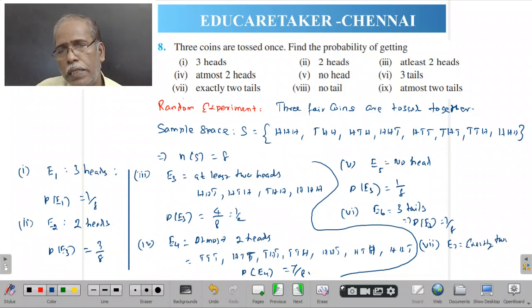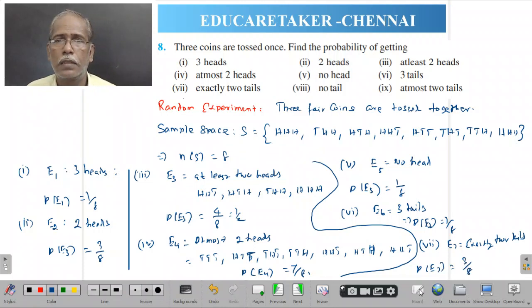Exactly 2 tails mean 2 tails and 1 head, 3 possibilities, so the corresponding probability P of E7 is equal to 3 by 8. And then the eighth one.